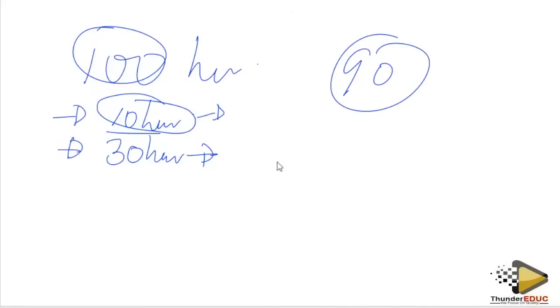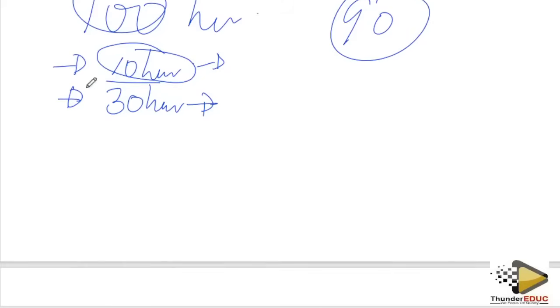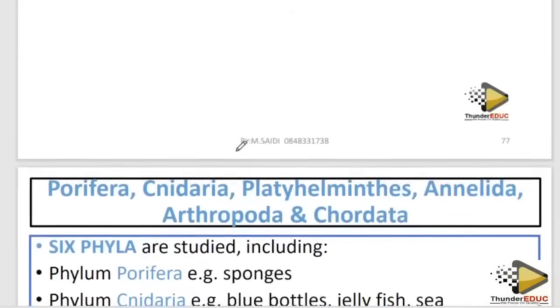And I talked about the structure of a moss. Let's go to the next topic now.